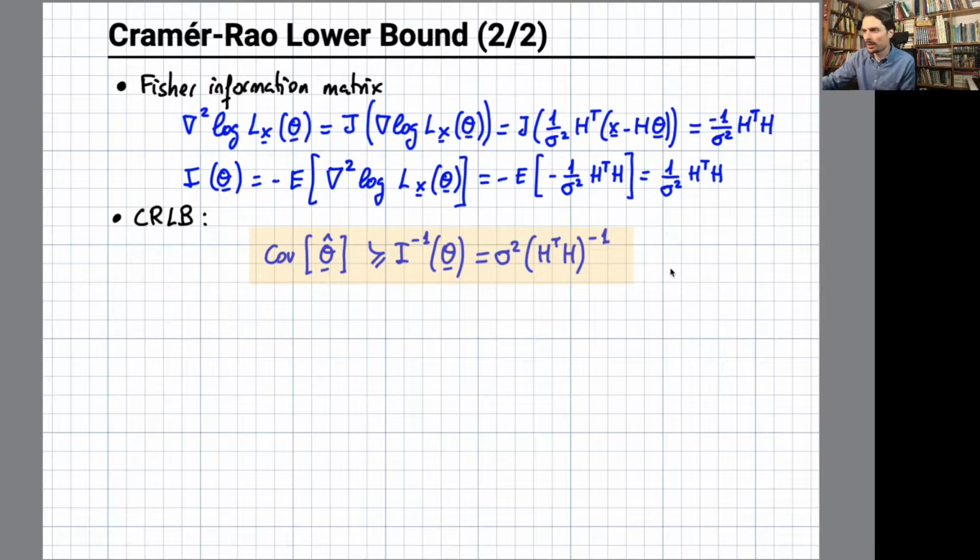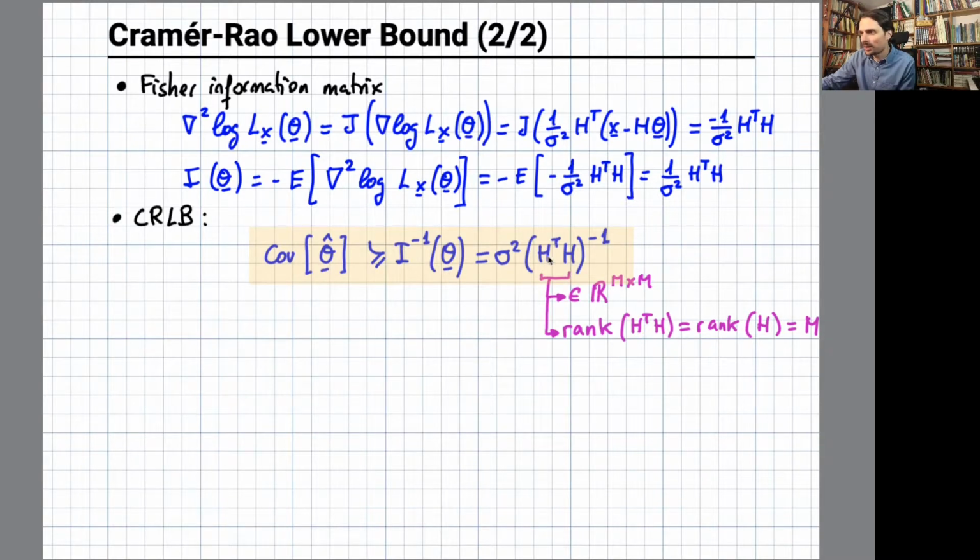So as always, we need to check if the matrices we are inverting are actually invertible, if they are non-singular. So here it is easy to see that this product HᵀH is m by m, because H is n by m, okay?